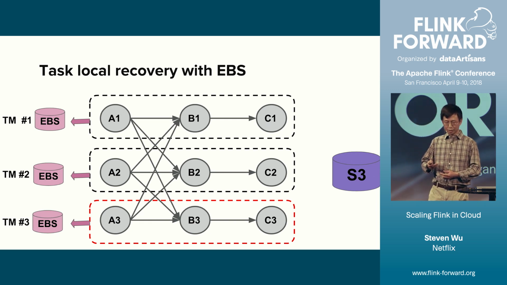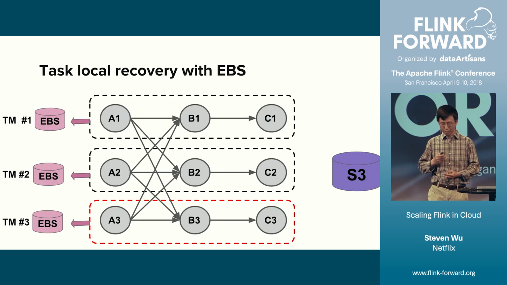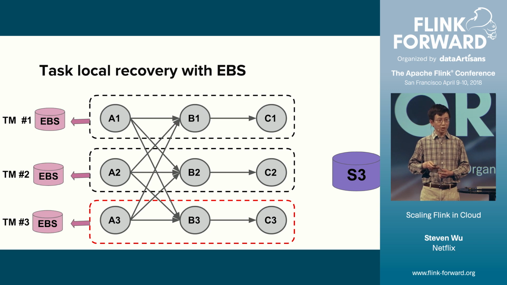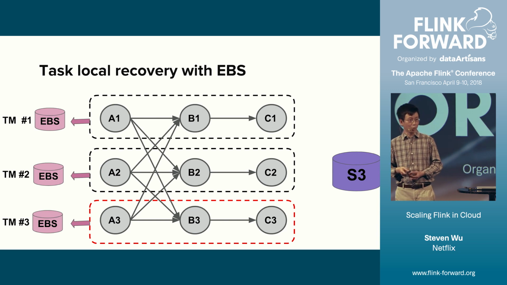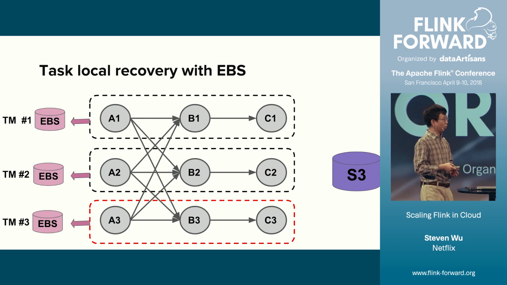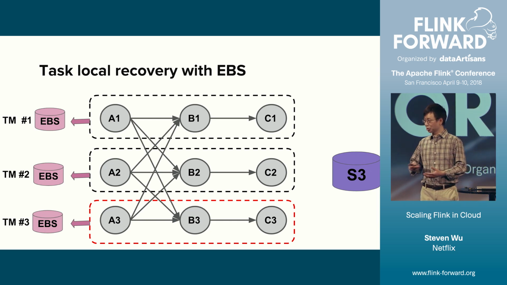So let's say task manager number 3 gets terminated. The EBS volume will be detached, and when the replacement container comes back, it can reattach the same EBS volume. Then even task manager number 3 does not need to go to S3 to download data. It can also recover those operators from the data on the locally attached EBS volume. So nobody needs to go to S3 to download anything anymore for job recovery.